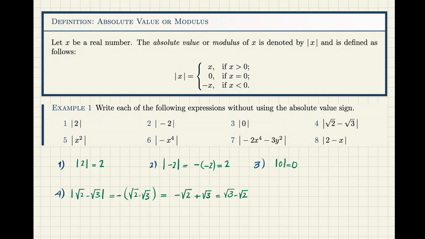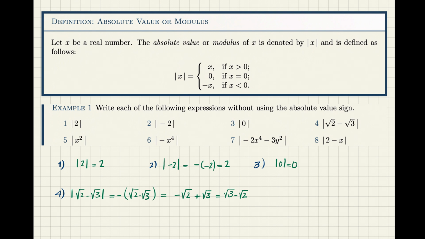Okay, let us go to number 5. In number 5, you see you are facing a variable x, and you don't know anything about x. So in principle, x could be 0, it could be negative or positive.